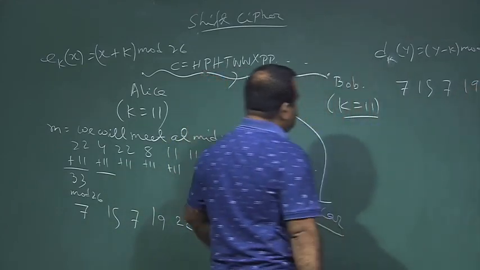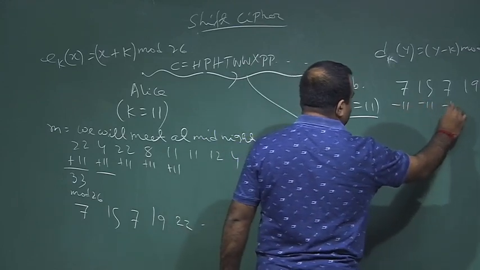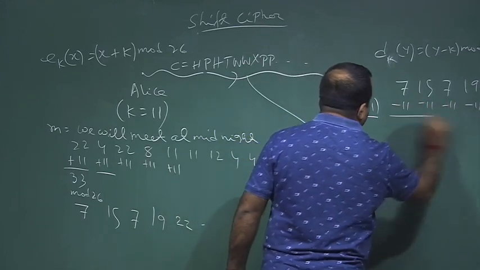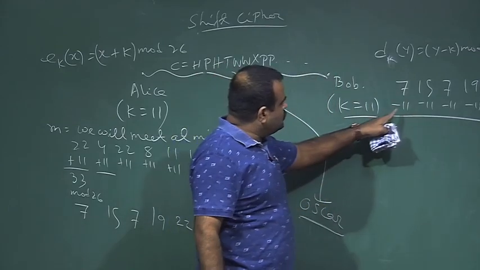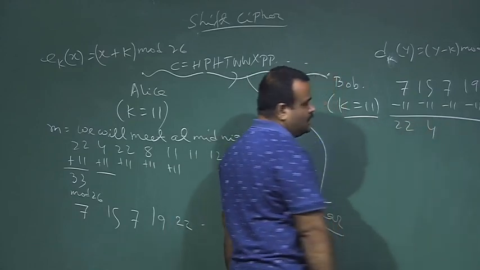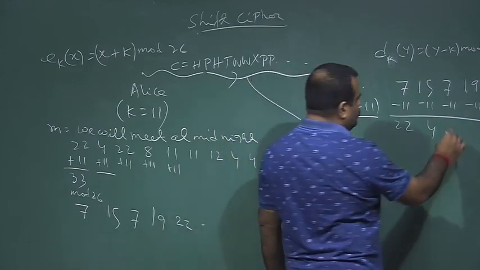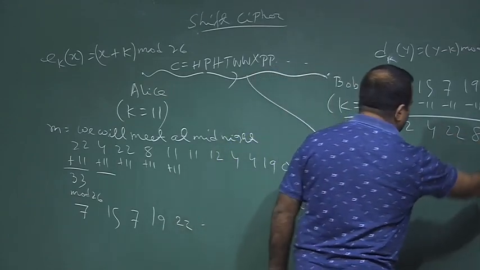So, what will Bob do? Bob will subtract 11, minus 11, minus 11, minus 11. Every time it has to be mod 26. So, if you do this, this will give us 22, this will give us 4, this will give us 22 again, this will give us 8, dot dot dot, like this.